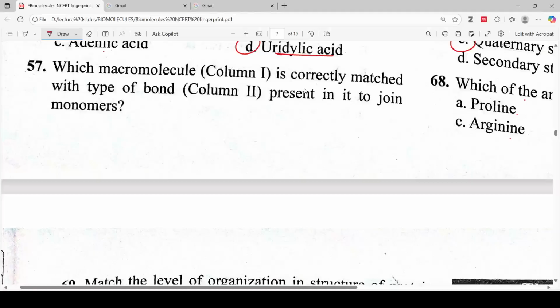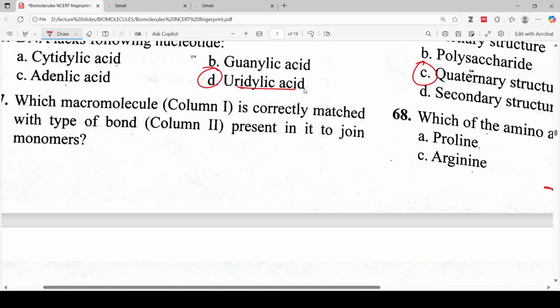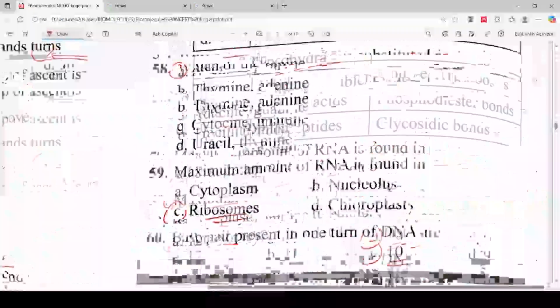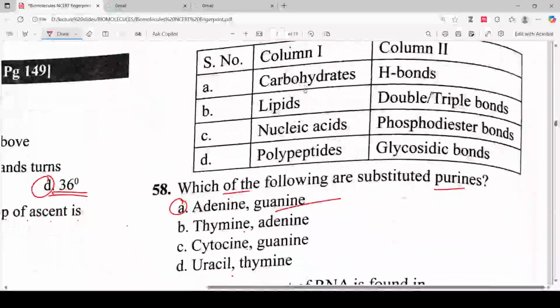Which macromolecule is correctly matched with the bond present in it to join the monomers? So here carbohydrate, hydrogen; lipids, double triple bonds; nucleotide, phosphodiester bonds; and polypeptide, glycosidic bonds.